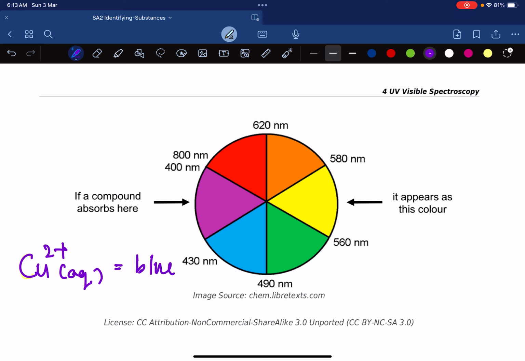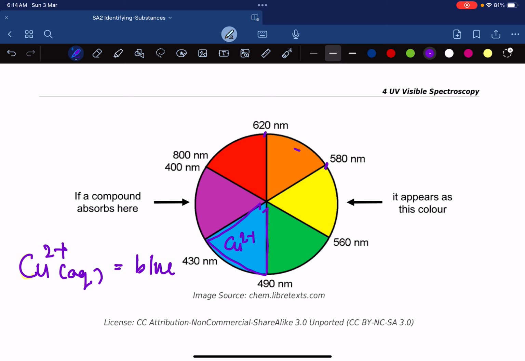The reason why they are blue is because they absorb the orange part of the spectrum. You see this part here, this is blue. They absorb all wavelengths from 580 nanometers to 620 nanometers. When they absorb anything from 580 to 620, what comes out and appears is blue in color.